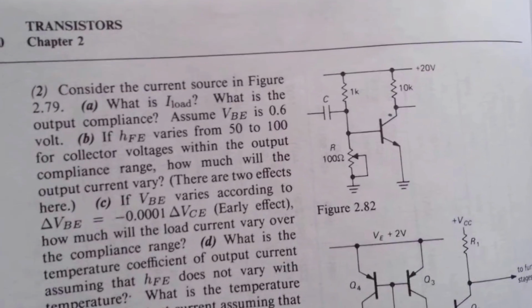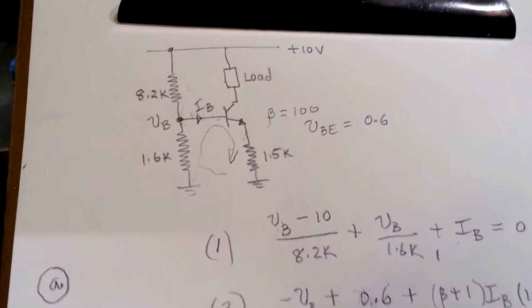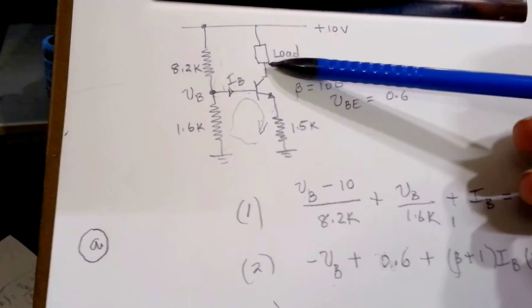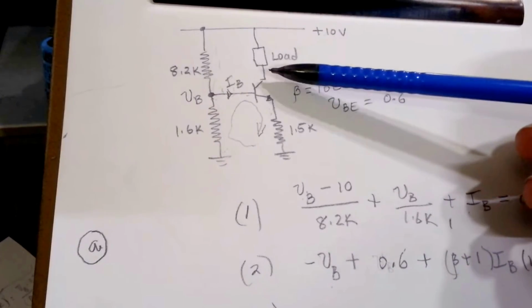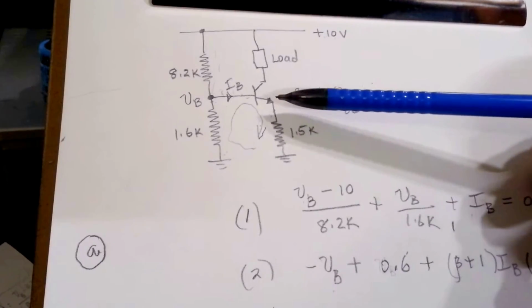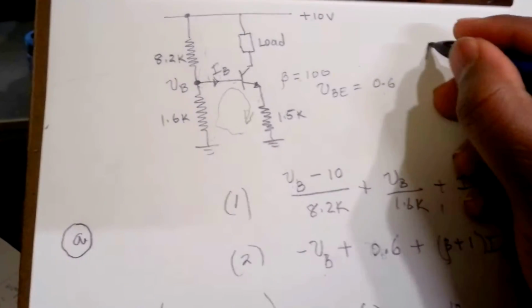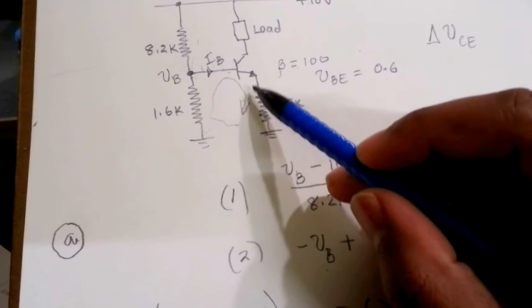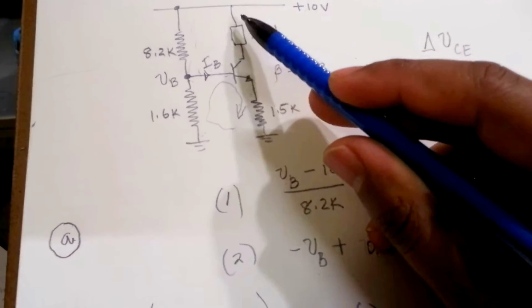So if I illustrate on the diagram here, the output compliance is defined as the collector to emitter voltage variations, so we'll call it delta VCE, necessary to maintain the current constant in the load.